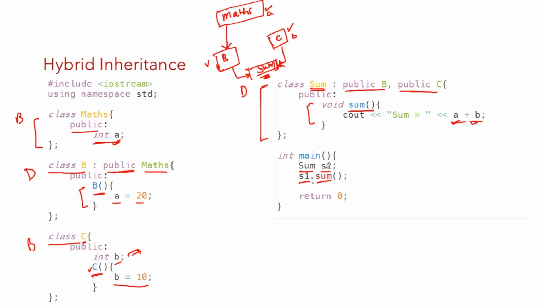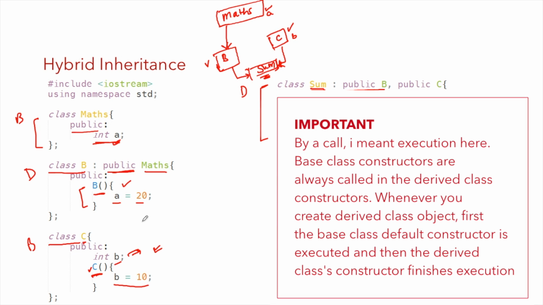So when this line is executed, s1's constructors will be called. But because these values are relying on its base class, these constructors will also be called. You might have a question about which constructor will be called first. Obviously the constructor of your base class will be called first, and then the constructor of your derived class will be called.